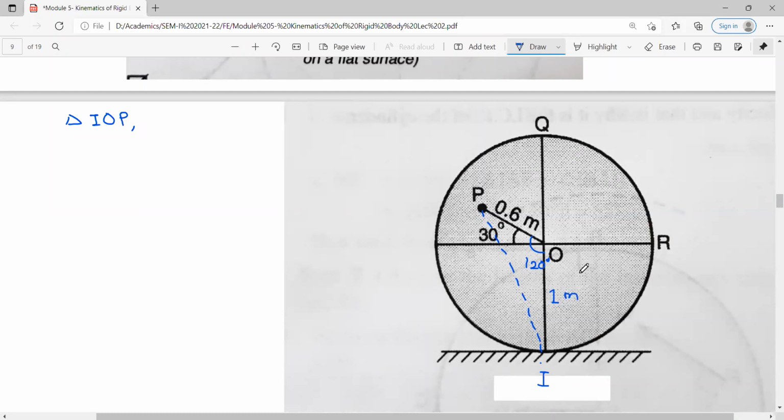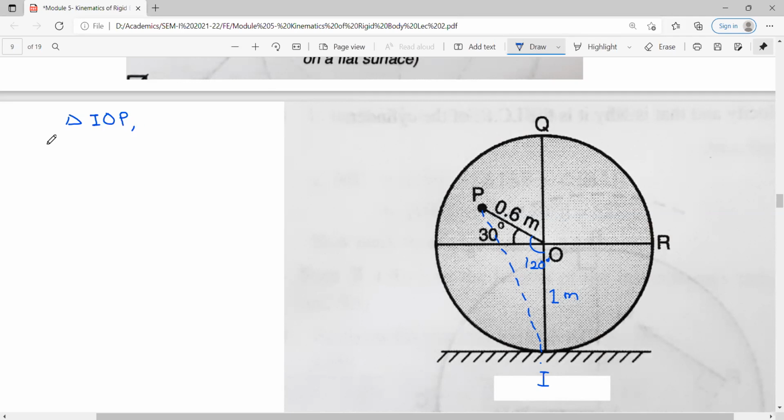The radius is given to us. So if two sides are given in any triangle, 0.6 and 1 meter, and the angle between them is given, then can you calculate the third side using which rule? Cosine rule. Yes, using the cosine rule.